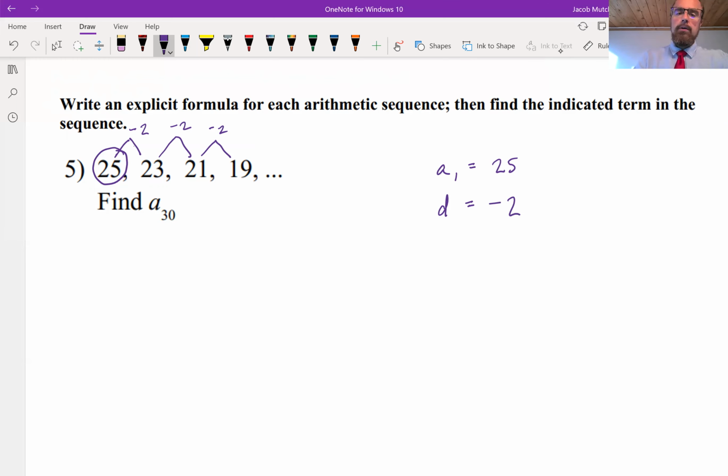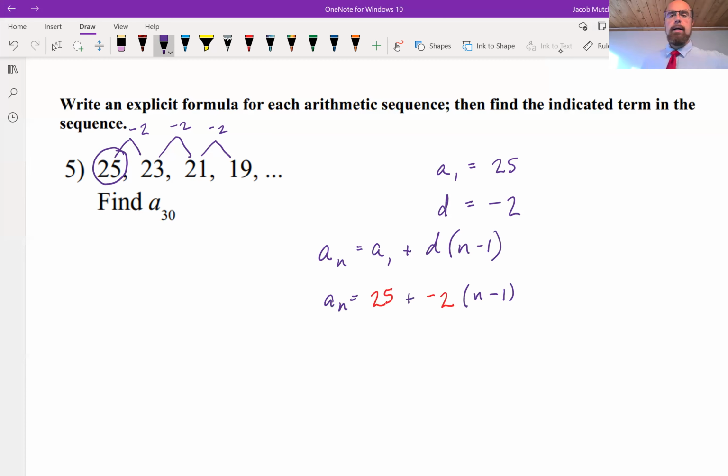I'm going to plug those in again into my explicit formula. A sub n equals a sub 1 plus the common difference times n minus 1. So I'll substitute in my two values here, 25 for the first term, negative 2 for the common difference. And just like we did on the first example, I want to simplify this to a slope-intercept, y equals mx plus b form.